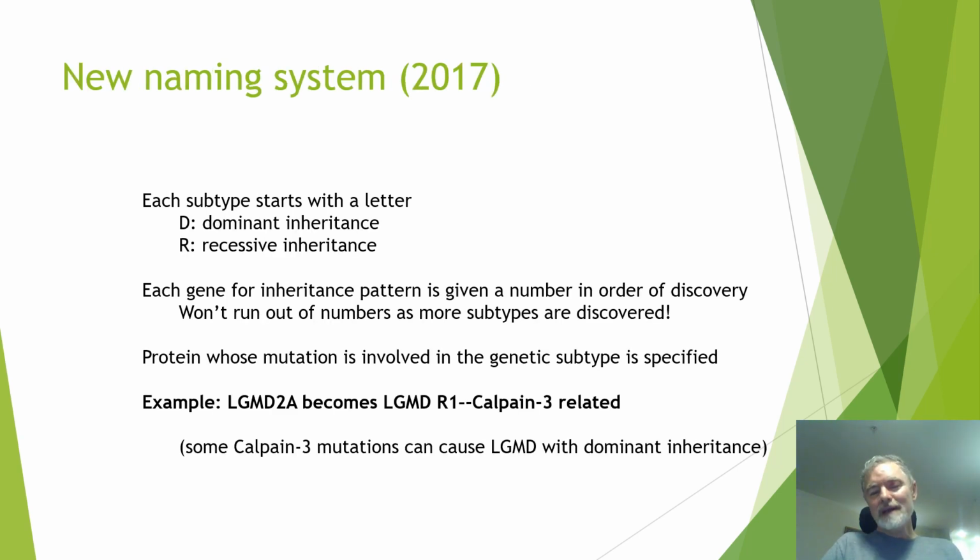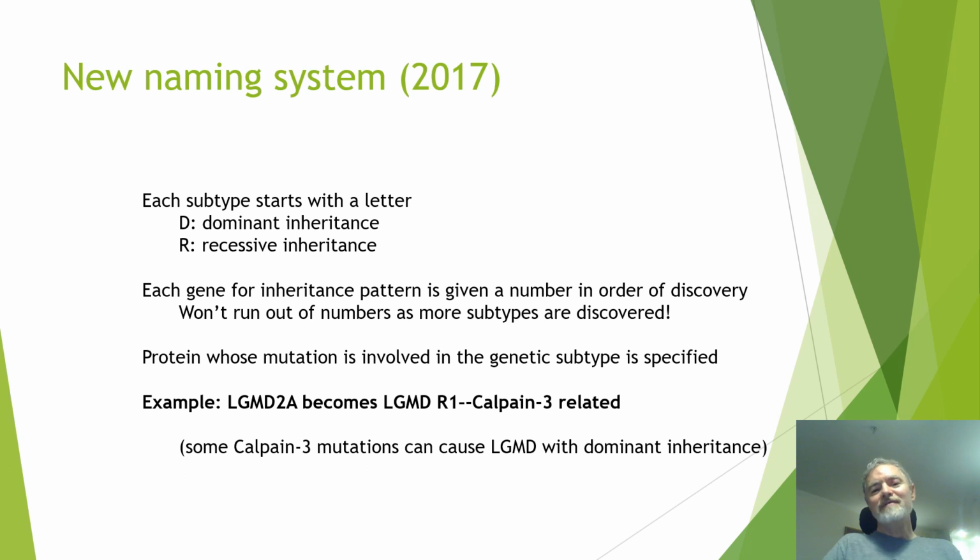So in 2017, there was a meeting which actually one of my coworkers attended, and they came up with a new naming system. So the new naming system is that each subtype is designated by a letter, D or R, indicating dominant or recessive inheritance.